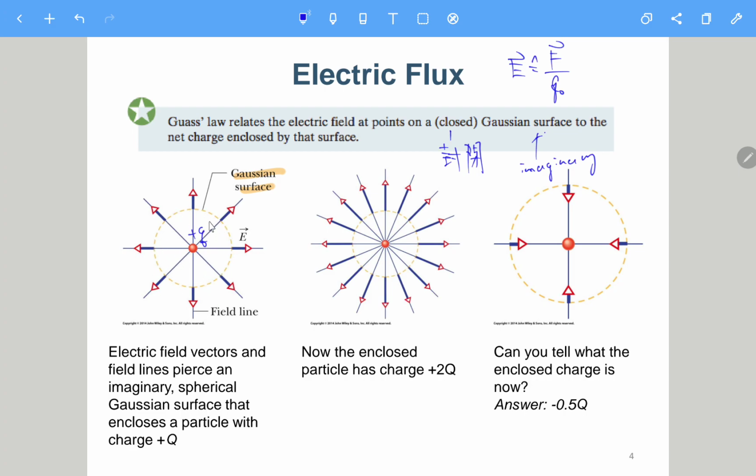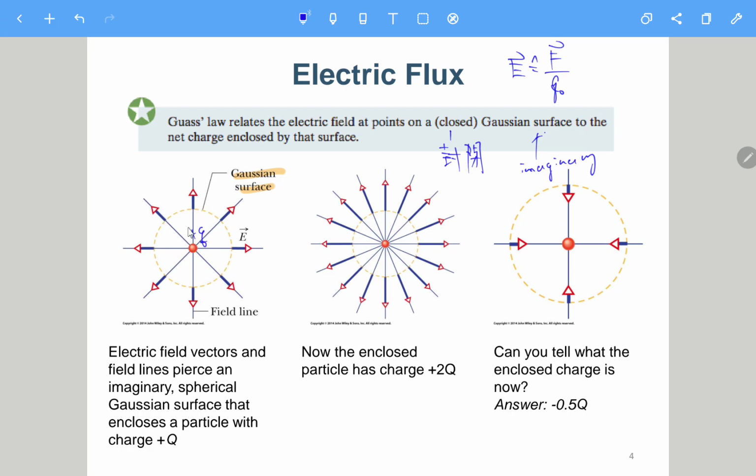If I just draw a whole sphere, then you can't see what is inside. So we just use the dotted line to stand for the spherical Gaussian surface. Of course, the Gaussian surface doesn't necessarily have to be a sphere. It can be in arbitrary shape, but here just for demonstration.